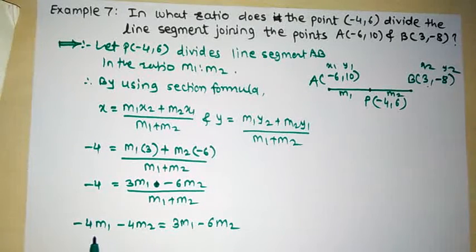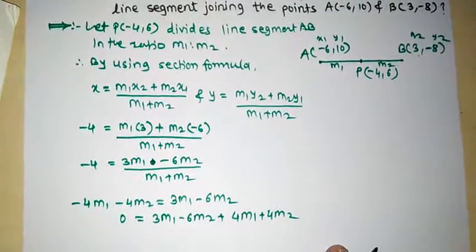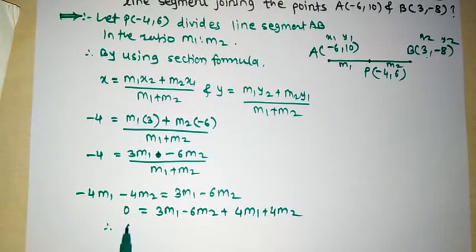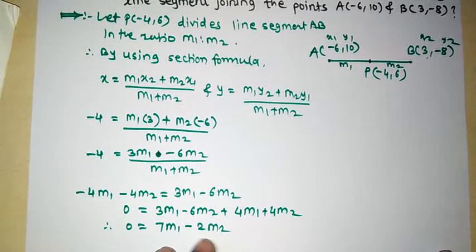After sending towards right hand side it will become plus only. Therefore 0 is equal to 3M1 minus 6M2 plus 4M1 plus 4M2. Therefore 0 is equal to 3M1 plus 4M1, which is 7M1, minus 6M2 plus 4M2 is minus 2M2. We got here 0 is equal to 7M1 minus 2M2.